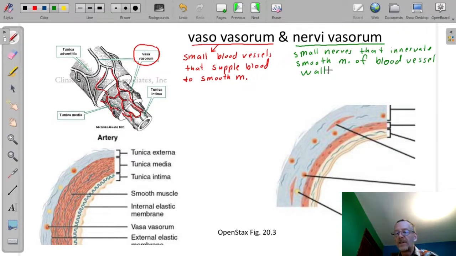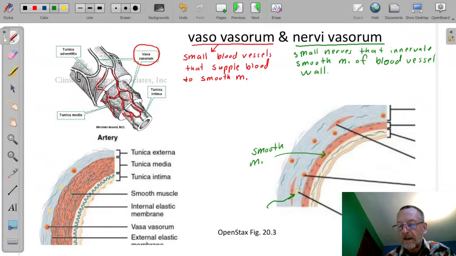You have to get a signal into the smooth muscle to cause it to contract. So there is the smooth muscle. And this is showing a cross-section of a tiny little nerve that would have come in from the outside, and then it would have supplied the smooth muscle for contraction. So that's enough of an introduction to arteries. We will continue with capillaries next.